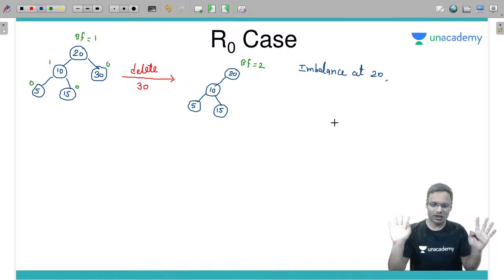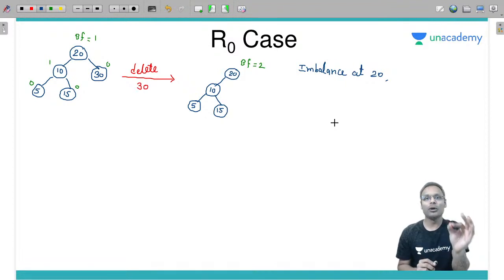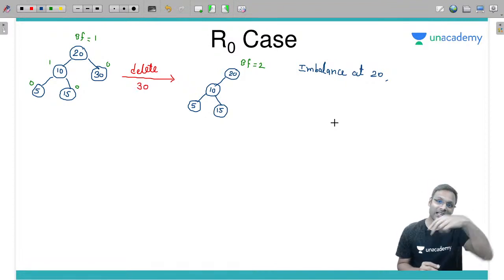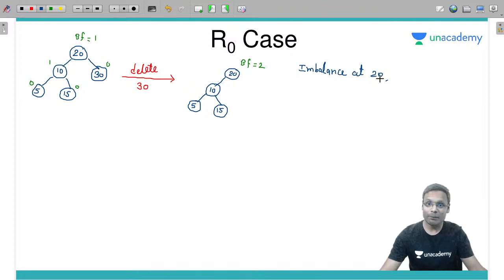Only one side you need to choose, which side of 20 you have deleted the node. In the left subtree you have performed the deletion or in the right subtree. So imbalance at 20 because of deletion.